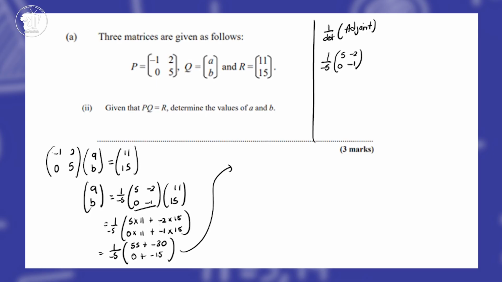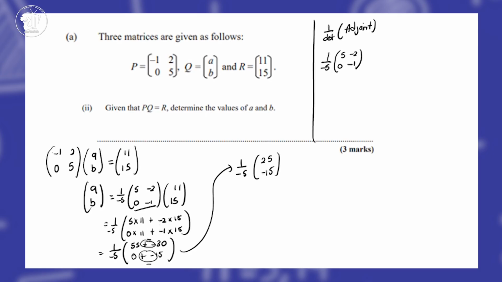Hence I'll work this out at the top here. So I'll have 1 over -5 multiplied by, 55 plus -30, which is the same as 55 minus 30, giving me 25. And 0 plus -15 is the same as 0 minus 15, which is -15.